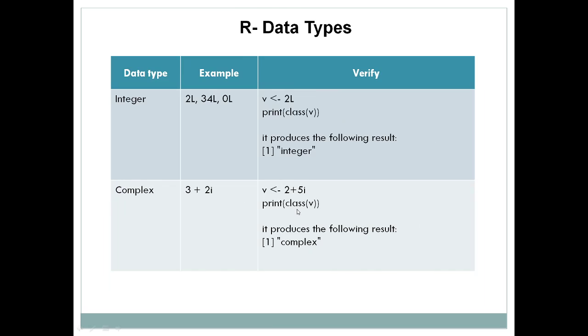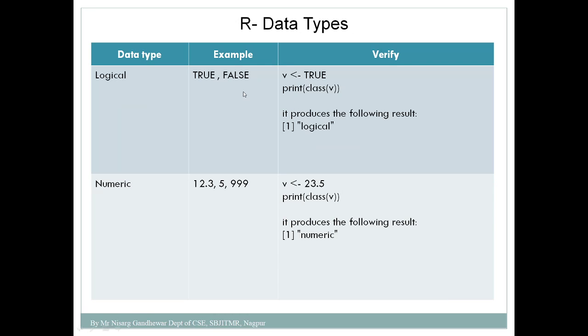Next is logical. In case of logical, you have true and false, so you can set a boolean value for true and false. And suppose you check the class, see, this is a basic command to check what type of variable it is, what is the data type. Print class of v, so it gives the value logical. Similarly numeric, it is used for storing floating point data, so numeric is another data type.